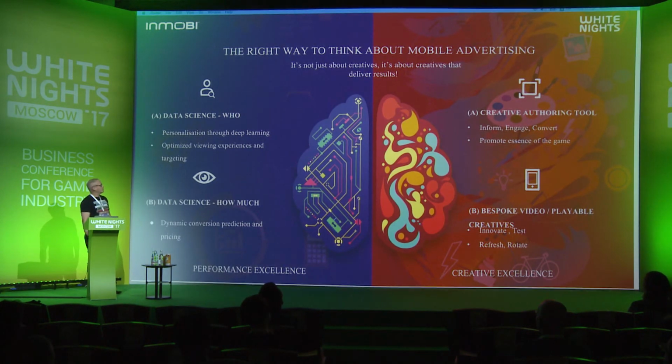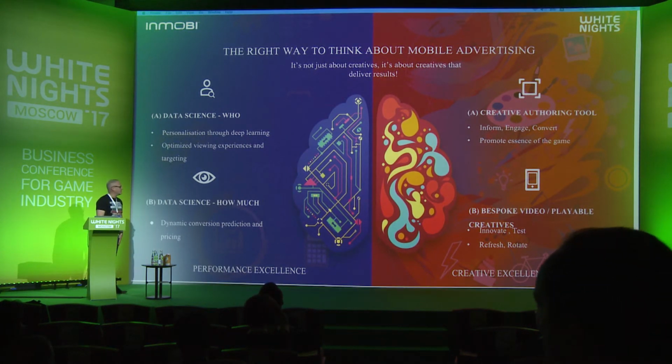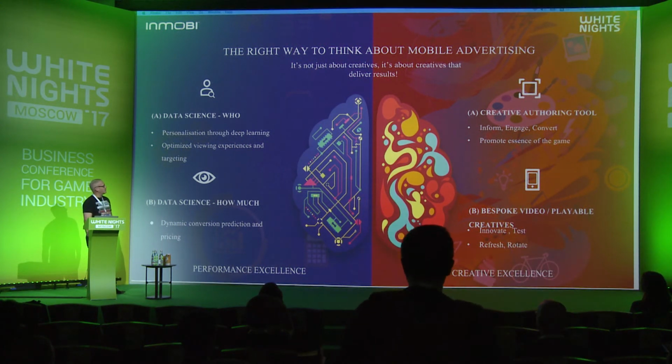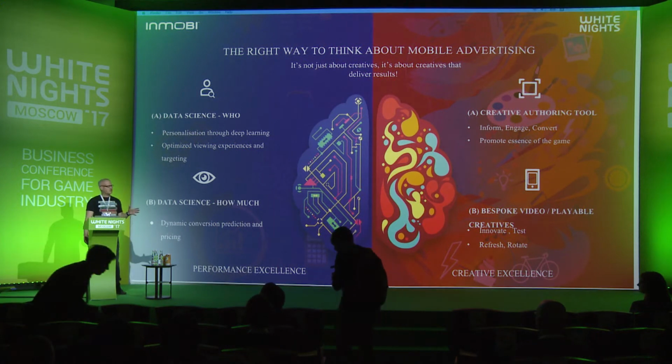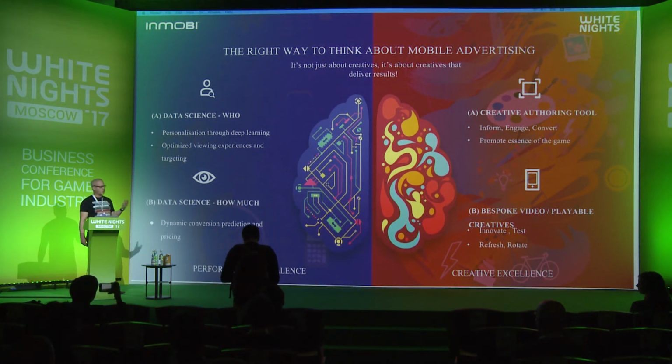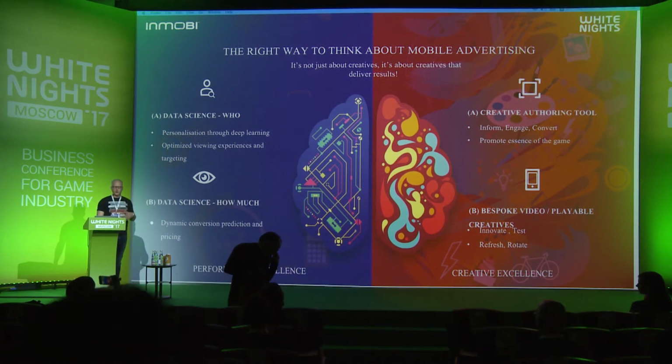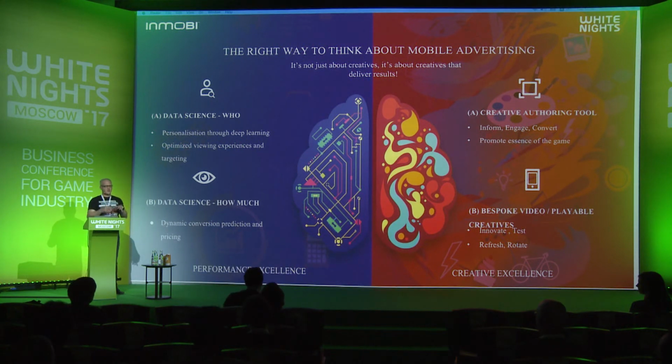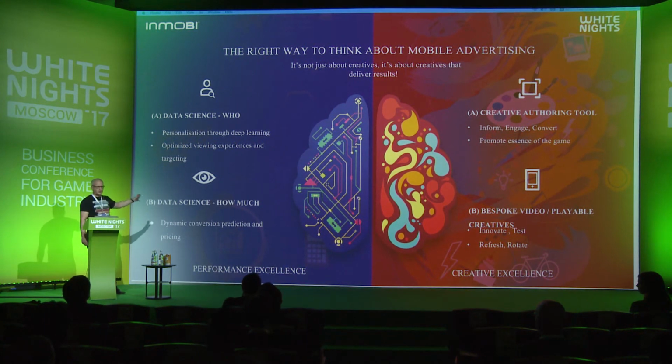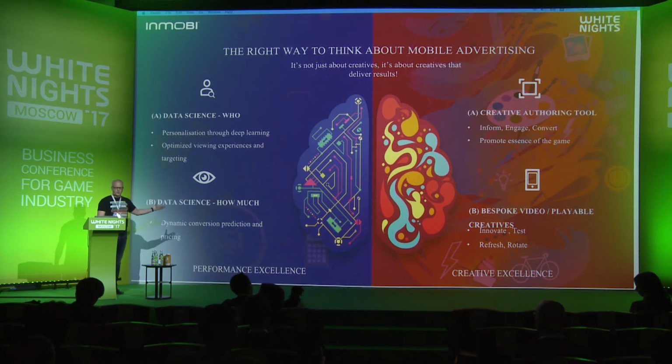Now, I'm not a doctor, but apparently we all have a brain, and that brain has 2 sides, a left-hand side and a right-hand side. And the left-hand side of the brain is very mathematical, logical, and the right-hand side is more creative. And we think that both of these 2 sides of the brain need to come together to do successful mobile marketing. The left-hand side, the logical side of the brain, is very much talking about who should we show ads to, how much should we pay.